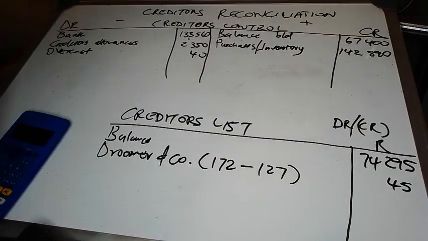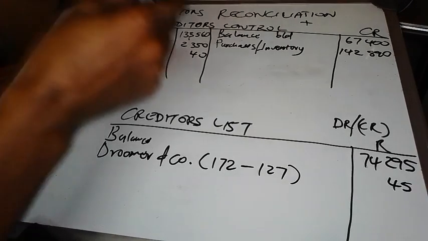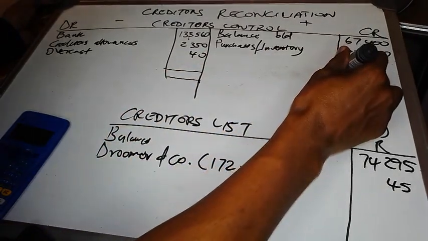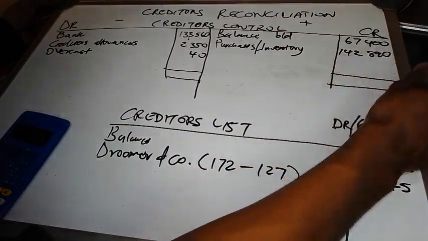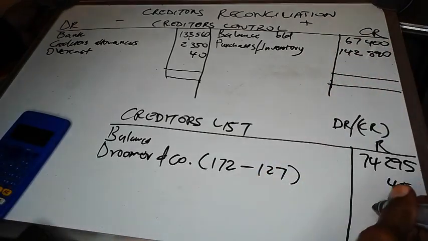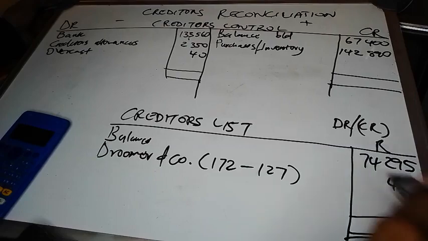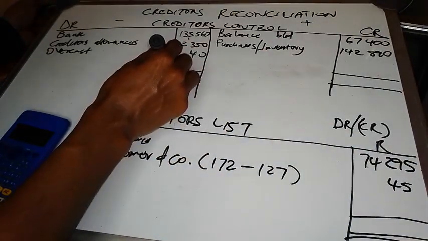And then the next item, all the other items belong to debtors, right? And then we're going to total.